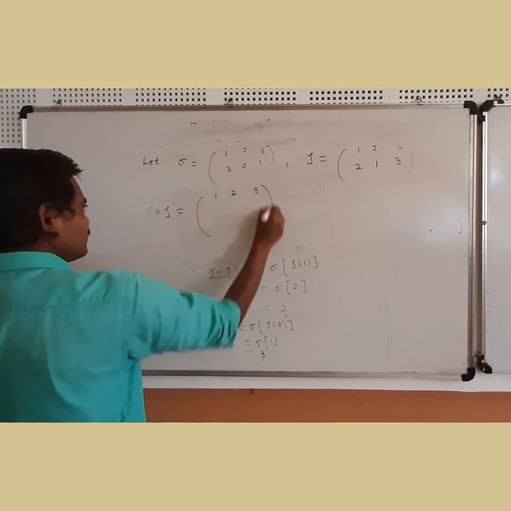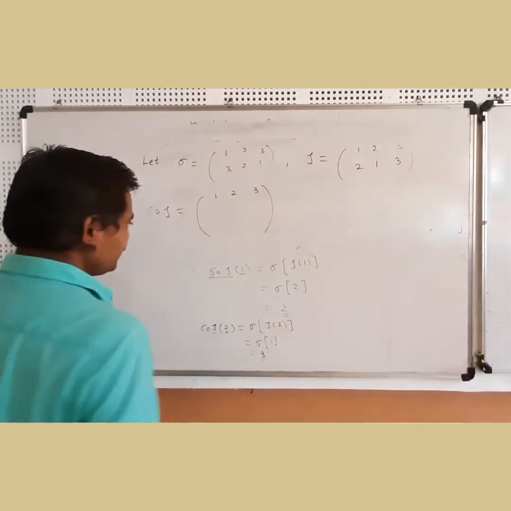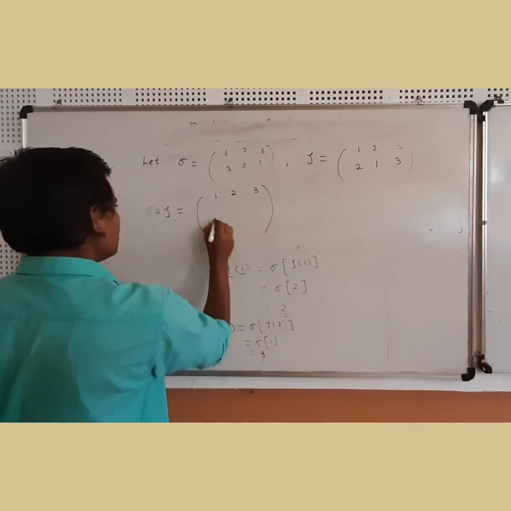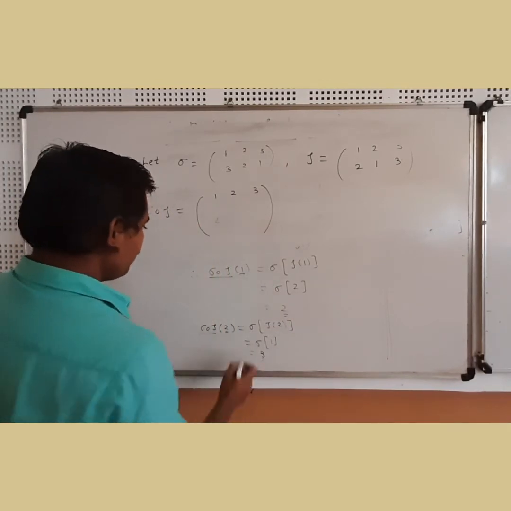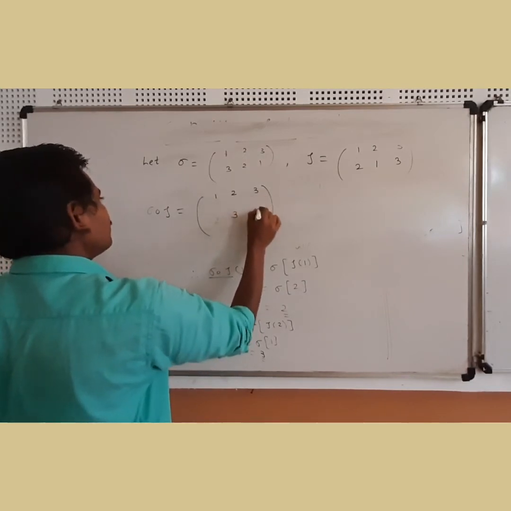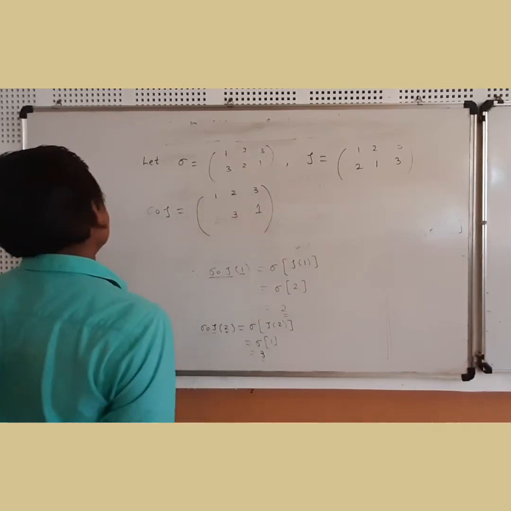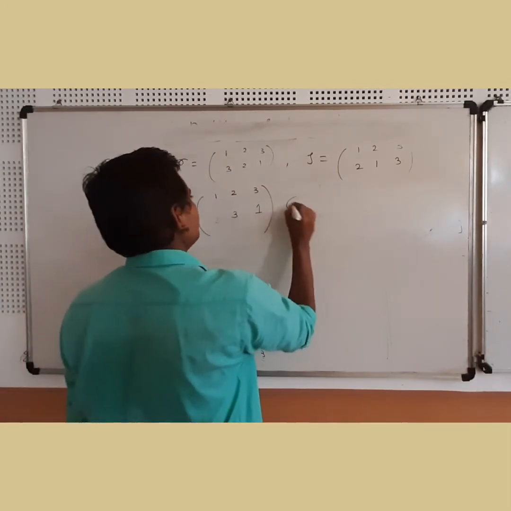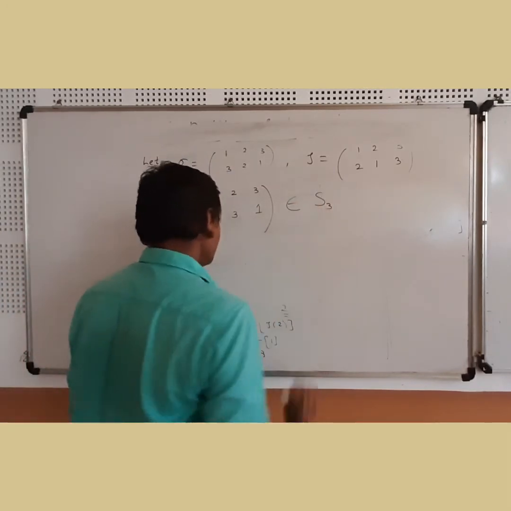This is a permutation on 3 symbols. The image of 1 under sigma circle tau is 2, the image of 2 is 3, and the image of 3 is 1. So this is sigma circle tau, and this again belongs to S3 because this is again a permutation on 3 symbols.